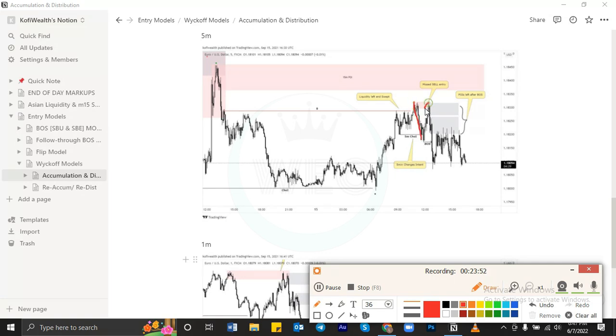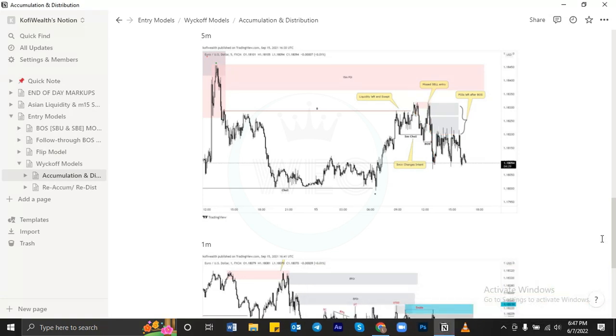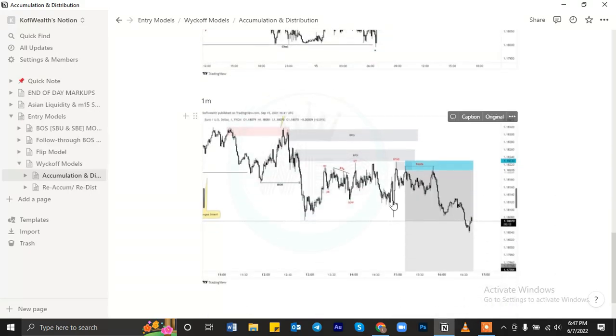I missed an entry right here, but that is not a problem. Once I had another follow-through break of structure and my supply zones marked, I can start looking for another entry opportunity, right? And so we can see the price reacted off the first supply zone of the 5-minute leg, right? So let us go into the 1 minute and see what price did within that supply zone.